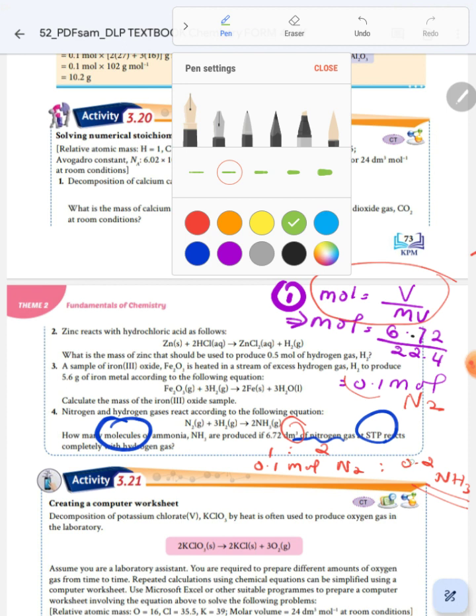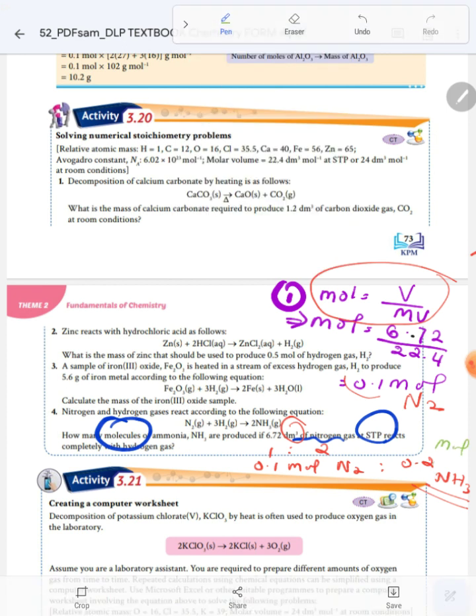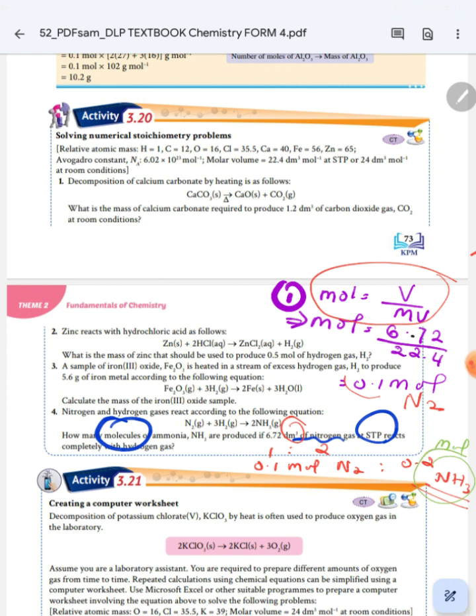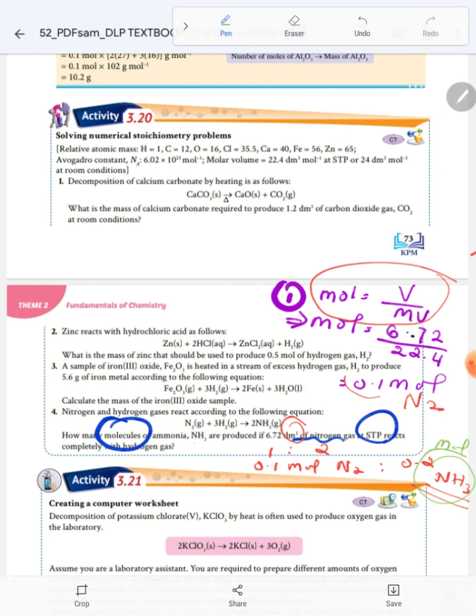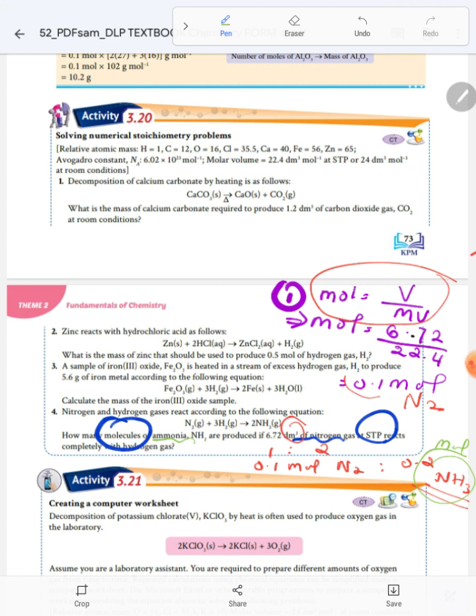We already have the number of mole of our question. Our question is ammonia, so we have the mole of ammonia. Now the question asks you about molecules. So you need the relationship between mole and number of particles. Why number of particles?